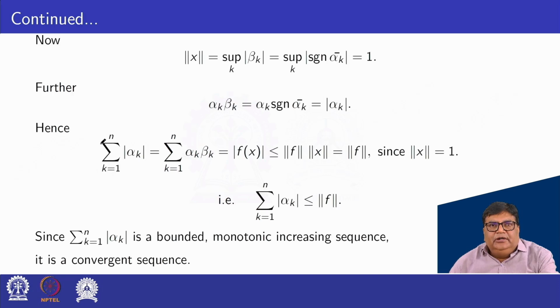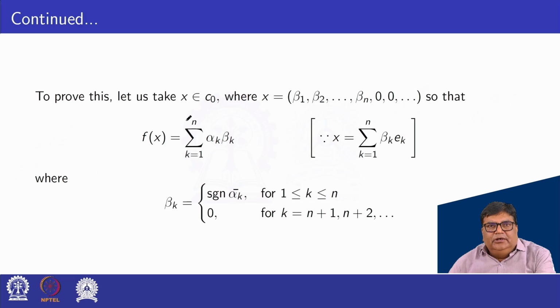So here summation k equals 1 to n mod alpha k can be written as mod of summation k equals 1 to n alpha k beta k, because this is a positive term. So this can be written as mod of f of x.